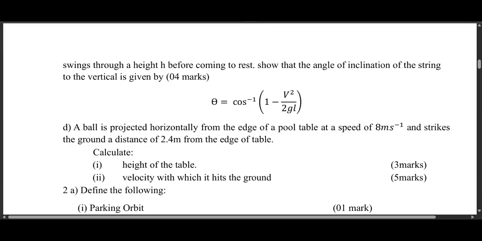So I have it here, whereby the horizontal distance covered here is 2.4 meters. Then here, initially it was given a horizontal velocity of 8 meters per second.